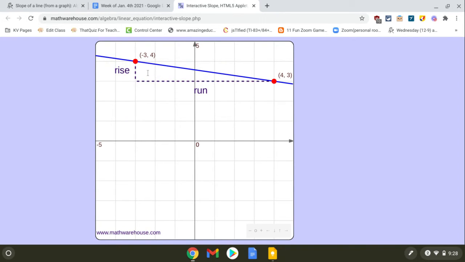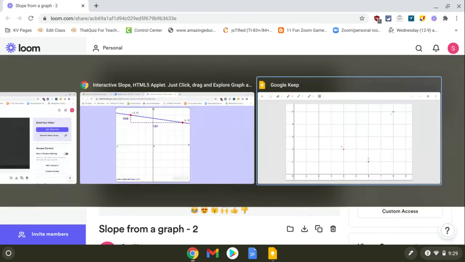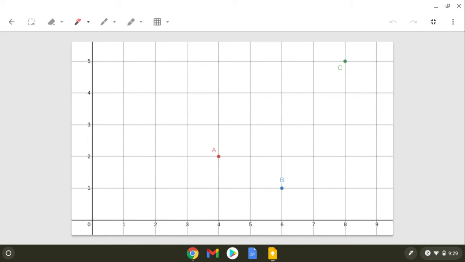So you see here it says rise and run. That's the most popular way in math that they describe the slope. They talk about, from the red dots, what's the rise? What's the up and down between the red dots? And what's the run? What's the distance across, or the left and right distance between the dots? And that's what I'm going to use whenever I talk about the slope of a line.